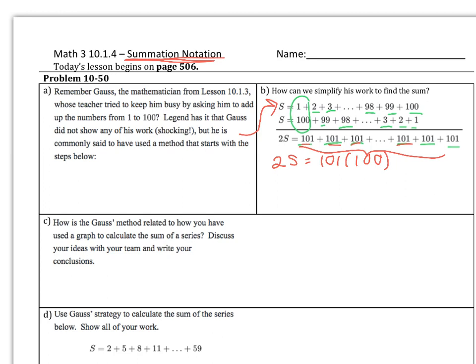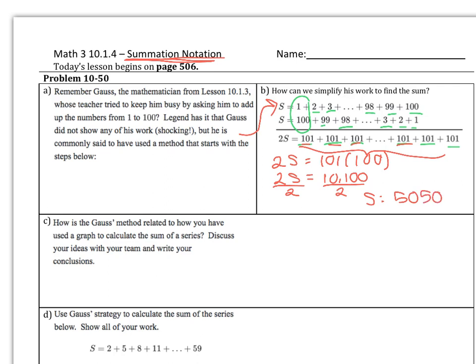That would mean 2S equals that product, 101 times 100, which is 10,100. Divide both sides by 2, and we get that the sum equals 5,050.